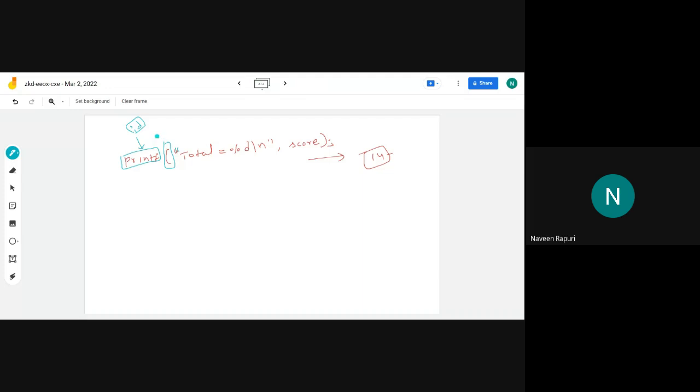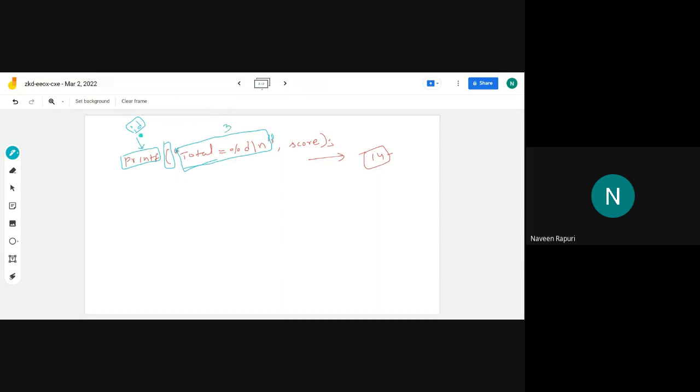When the double quotation starts, from there to where the double quotation ends, the total is considered as a single token.